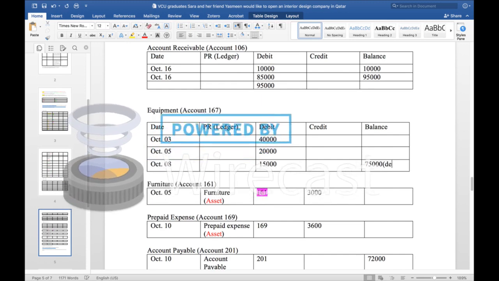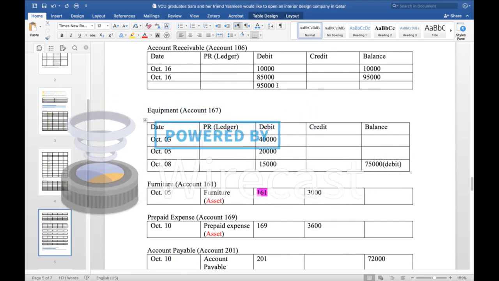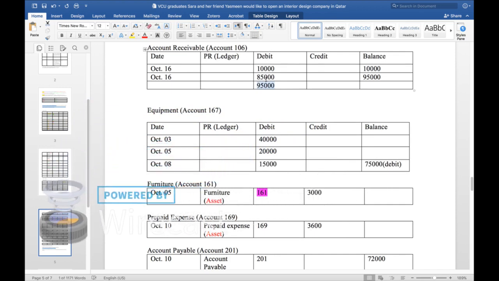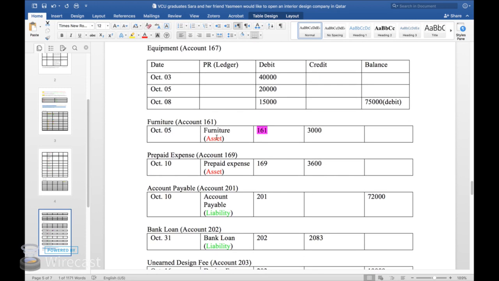If you tend to get confused, you should write debit or credit, so that once you bring the number to Excel, you would not record it in the wrong column. So we have furniture, 161, which is a positive asset.